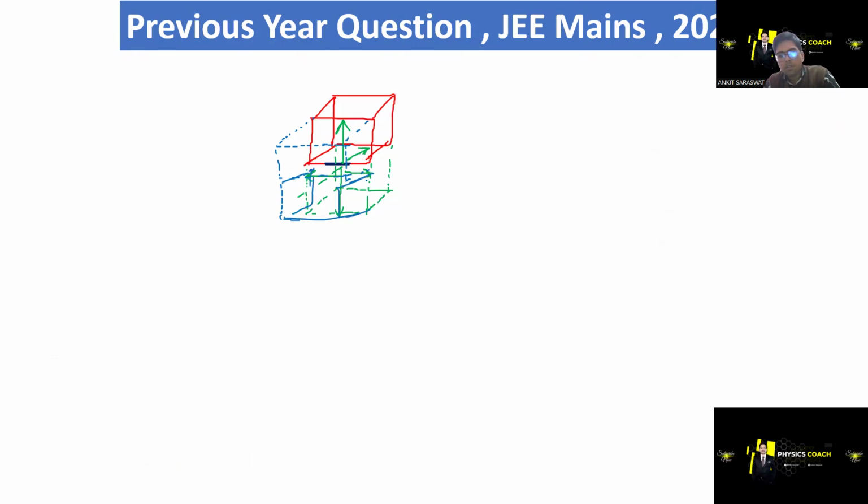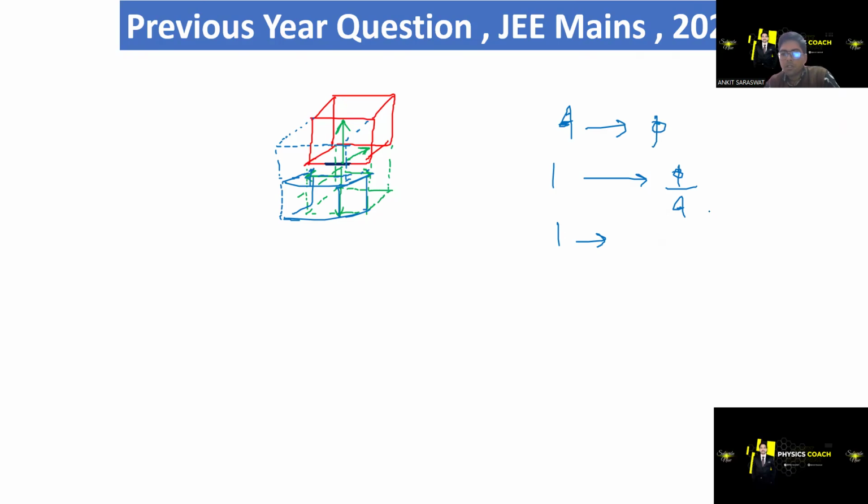So around the charge, there are four cubes. The total flux through four cubes will be phi, and through one cube, phi by 4. And phi is the charge enclosed by the closed surface.